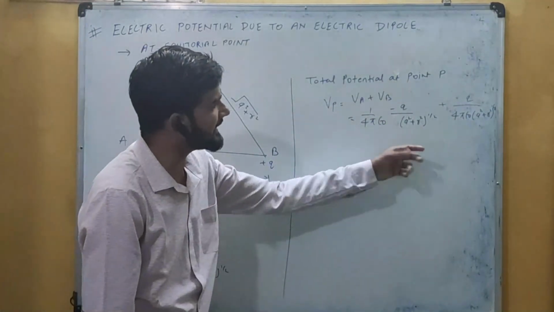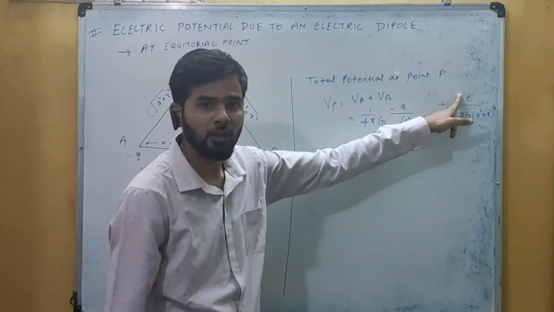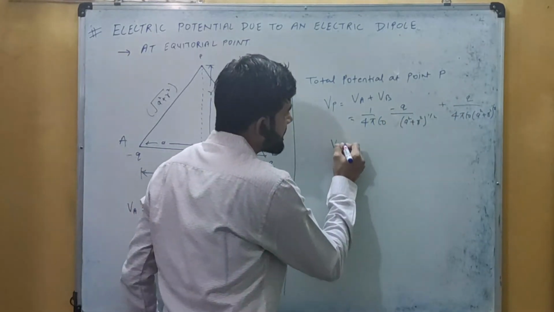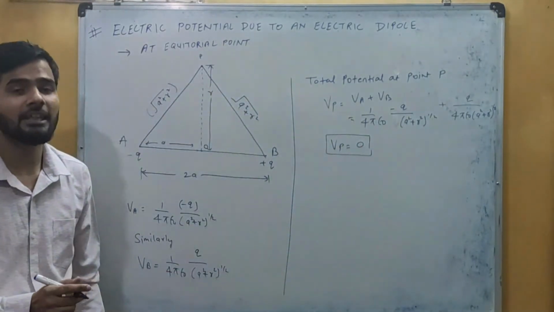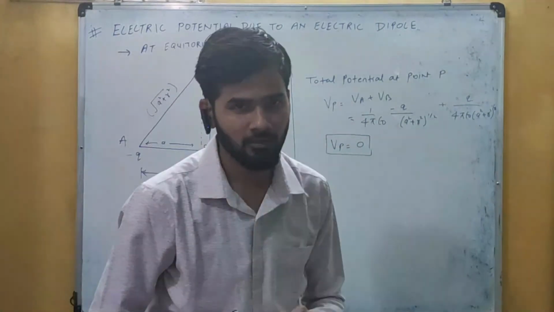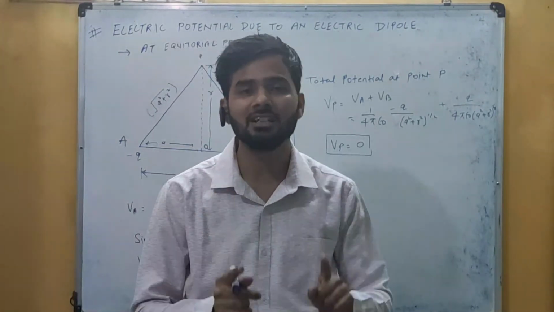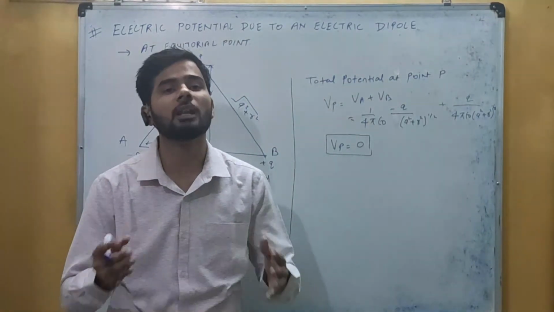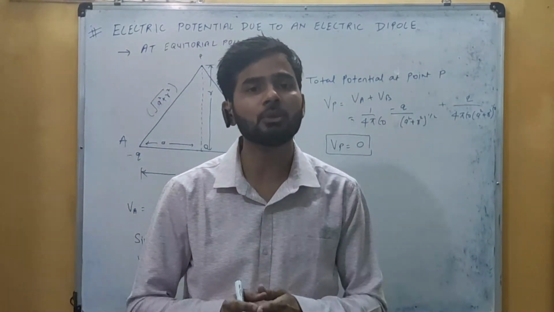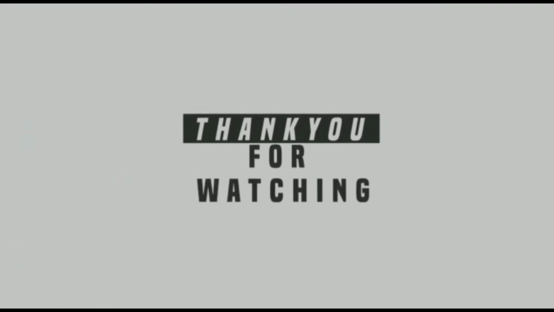Now you can see both values are the same, but one is negative and the other is positive. So I can write Vp is equals to 0. This means that on an equatorial point, or you can say on an equatorial line, due to an electric dipole, the resultant potential is equal to 0. Okay, so this is all about the electric potential due to a dipole on the axial and on the equatorial point.